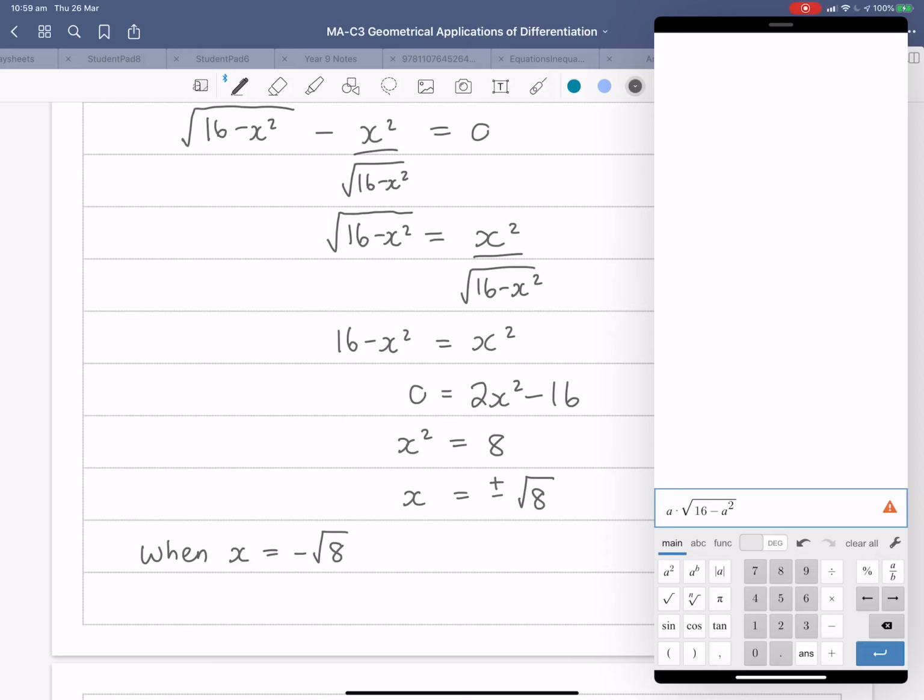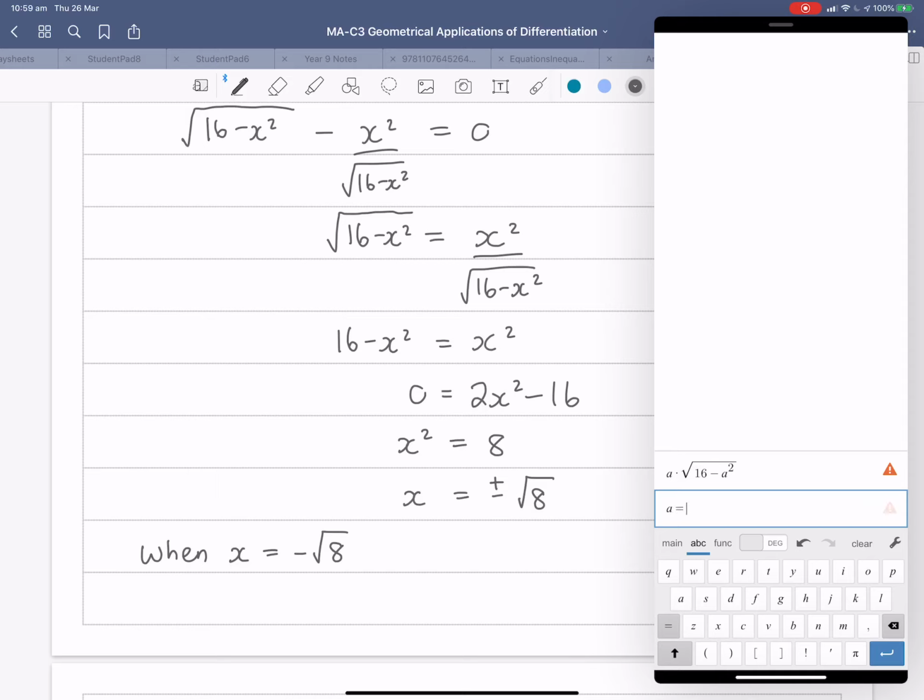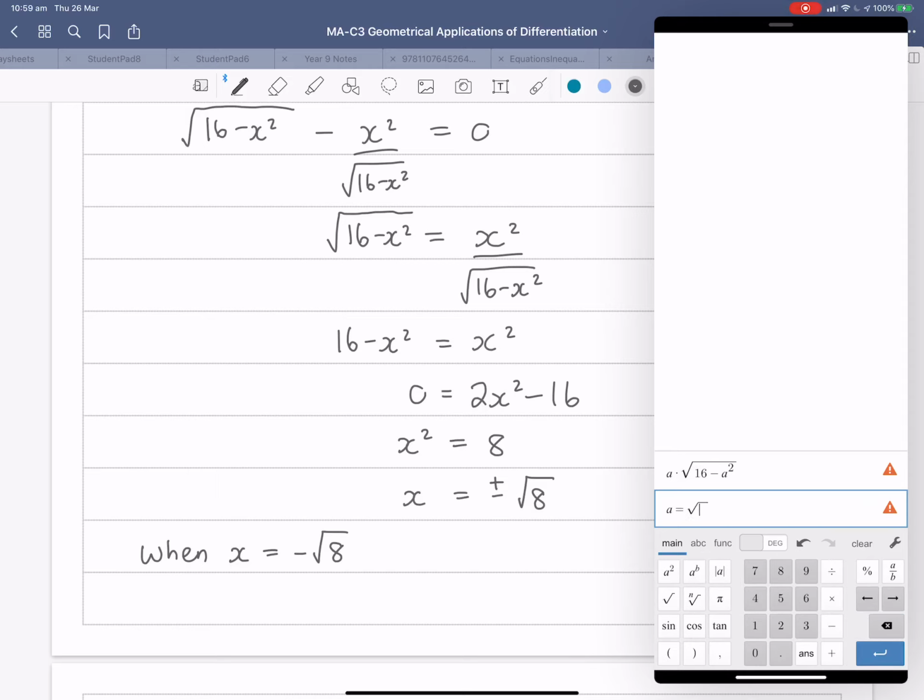Now it's complaining because it doesn't know what a is, so I will tell it that a equals root 8. So if a equals root 8, then my function equals 8.